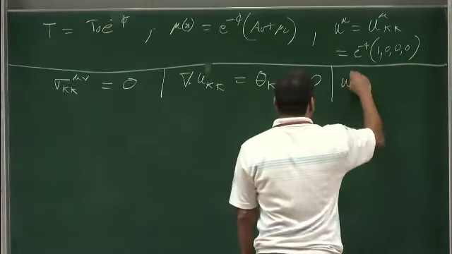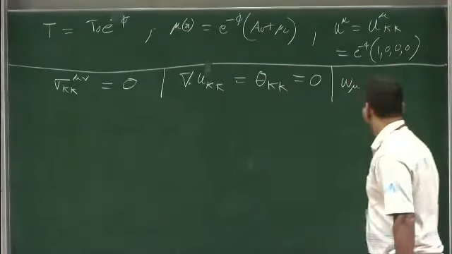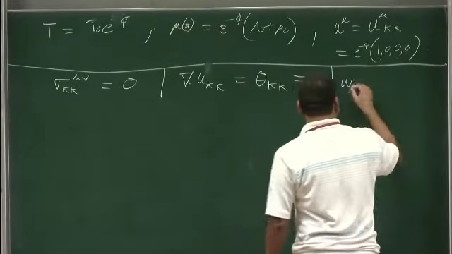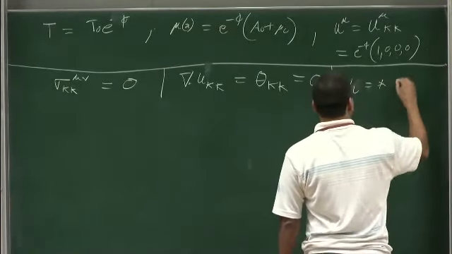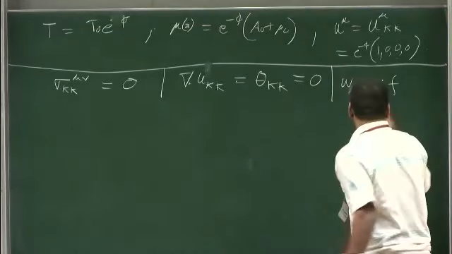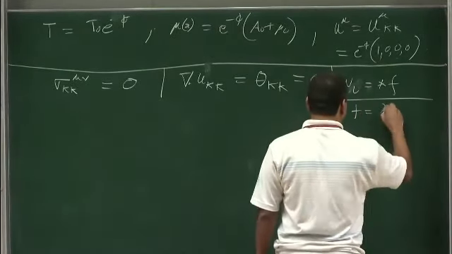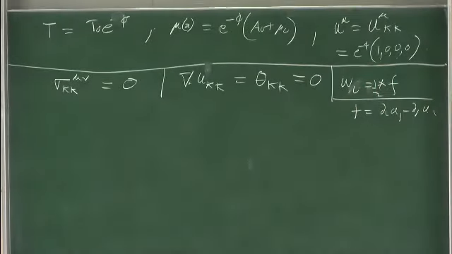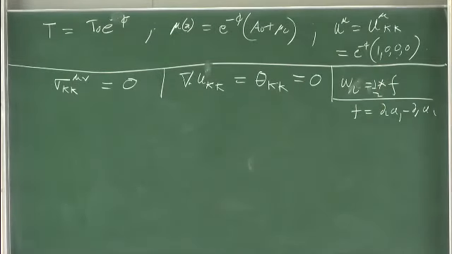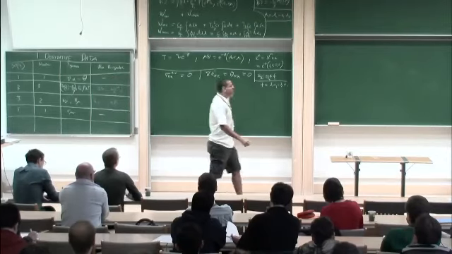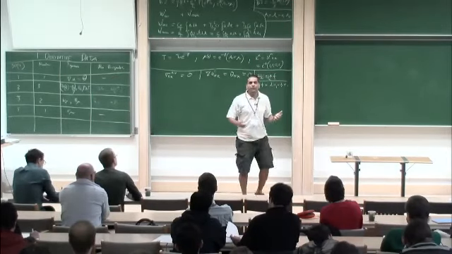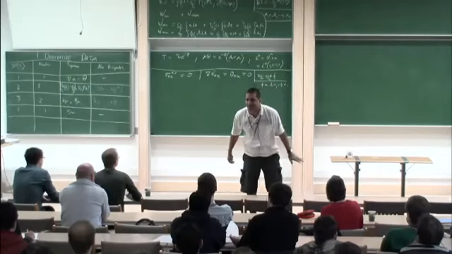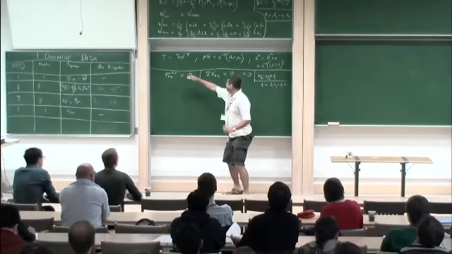On the other hand, if you evaluate the vorticity on this Kaluza-Klein field, you get that this is equal to the star of f, where f is the two form which is del i a j minus del j a i, and there's a half. It's a simple matter of algebra to plug in the definitions. Those of you who are familiar with Kaluza-Klein reductions know this in some language. You can check that these statements are true.